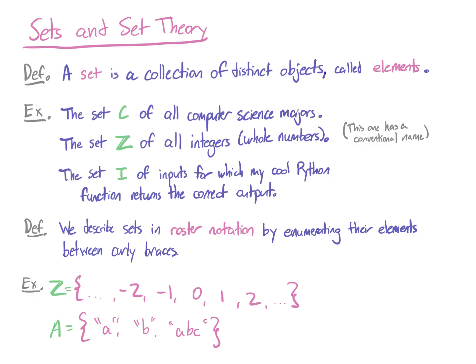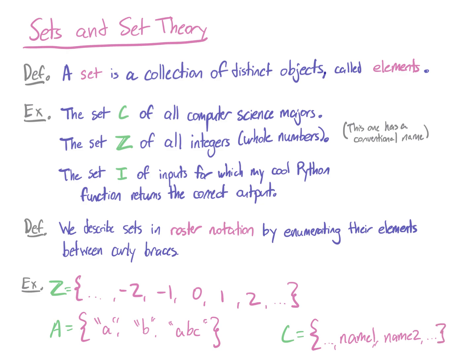And then if I'm making a set of computer science majors, I can also simply write, hey, here's my, let's call it C. Here's my set C of computer science majors. And in here, I would just have name 1, name 2, and so on.